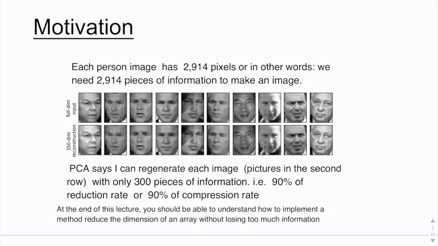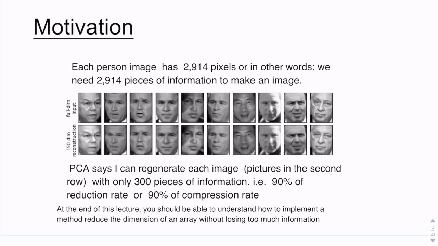Then PCA comes into play and says, I can generate the images with the same quality, but instead of 2914 pieces of information, I only need 300 pieces of information to reconstruct these images. And this is the result I can present.